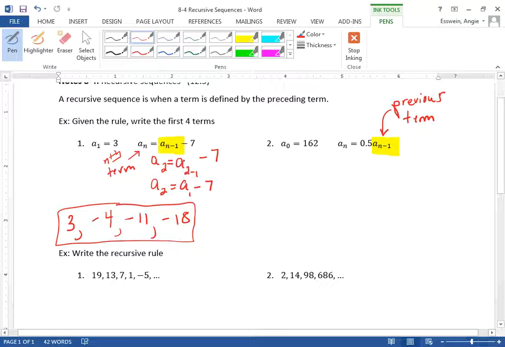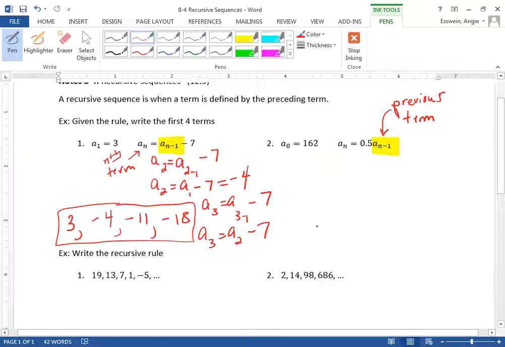And we know a sub 1 is 3. So this equals negative 4. So then we'd go to the third term. A sub 3 equals a sub 3 minus 1 minus 7. So a sub 3 equals a sub 2 minus 7. So it's always the previous term minus 7. You don't need to do that if you know what the formula means.